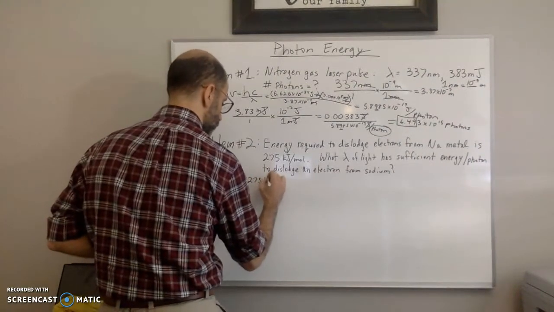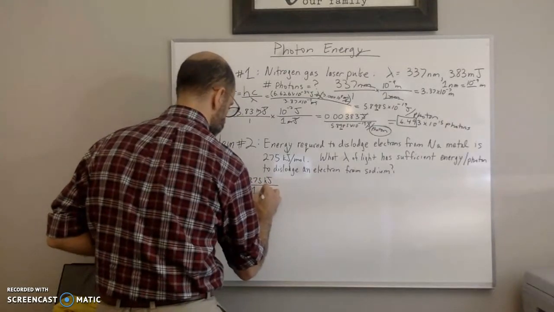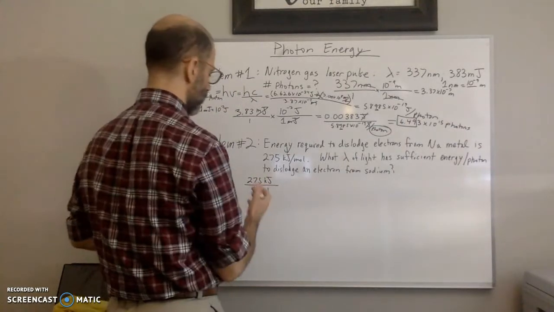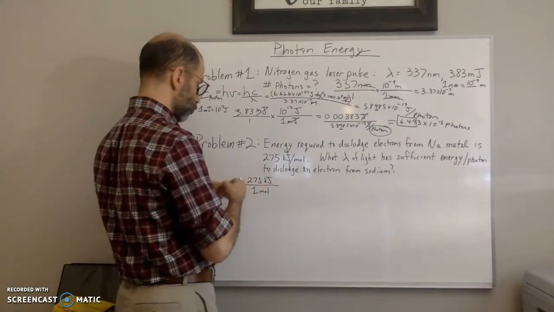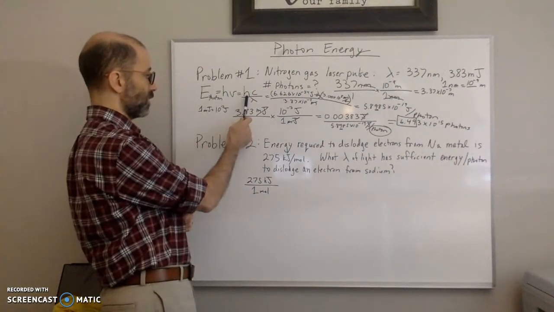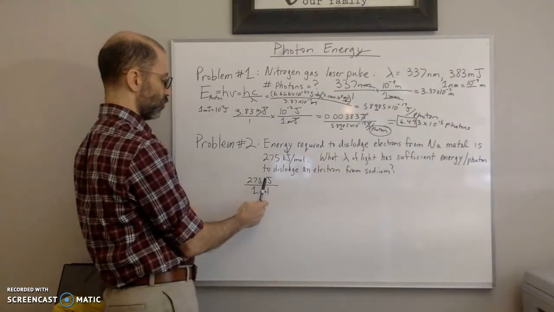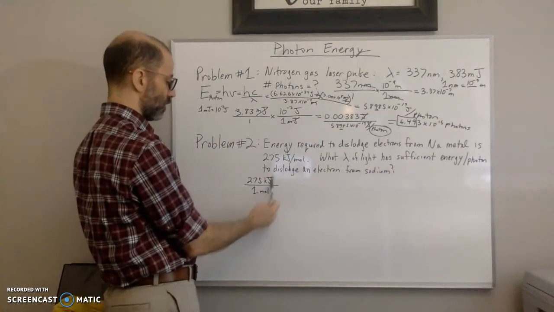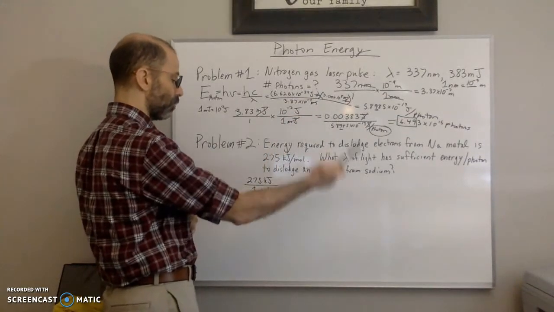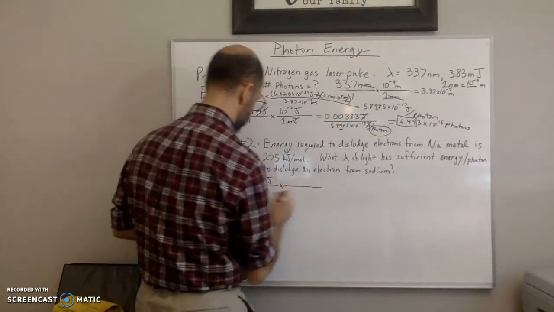So we're going to do 275 kilojoules over 1 mole. We want joules, right? Because remember Planck's constant is joules seconds. So we need to convert kilojoules to joules, and we need to convert moles to numbers of photons. So we're going to do 2 conversions.